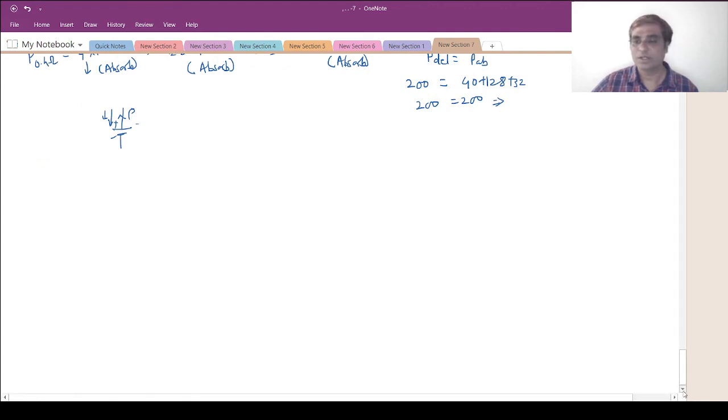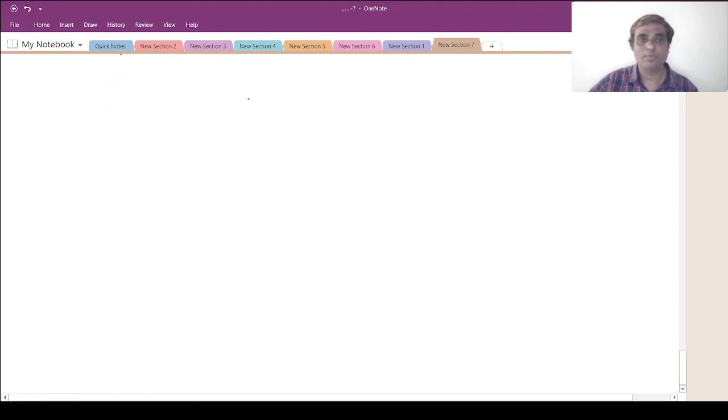Now one more point I would like to mention is how to calculate the potential difference between two points. Let me take it another way: one way to calculate the voltage between two points. Let me take the same circuit.